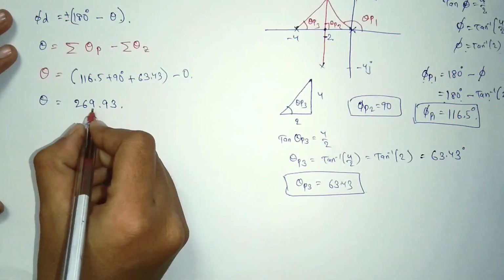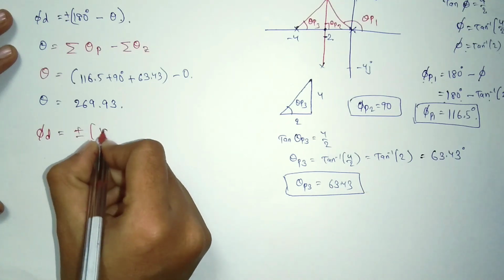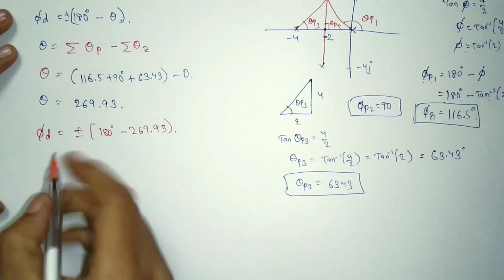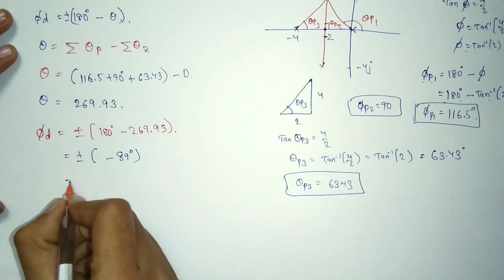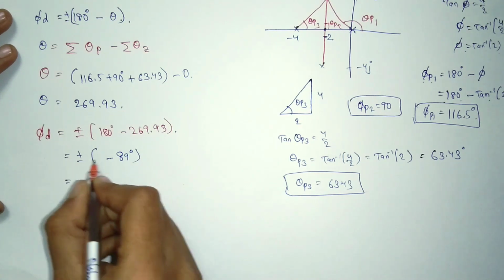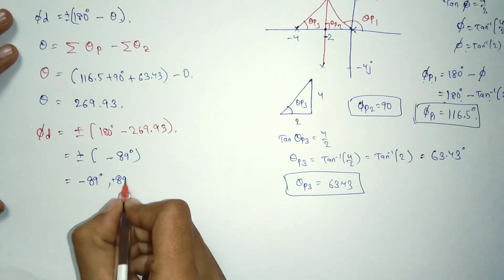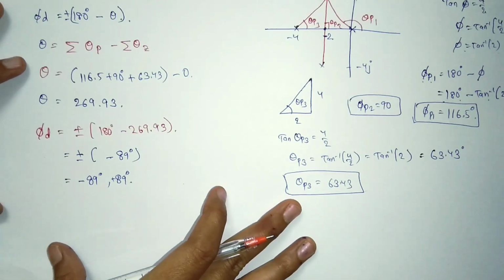As we got theta equal to 269.93, we will substitute into the angle of departure, that is plus or minus 180 minus 269.93. And now we will get this as approximately minus 89. We will get the first point as minus 89 and the second as plus 89 degrees. So now we have to draw the final graph on the graph sheet.